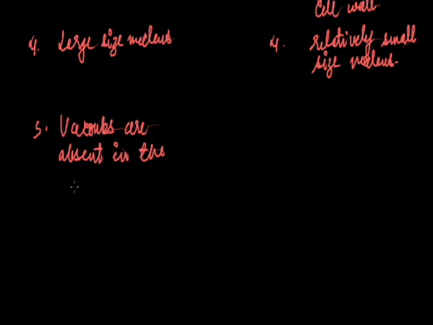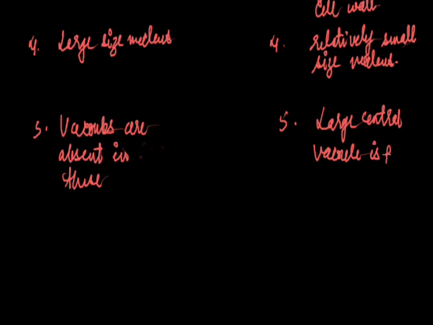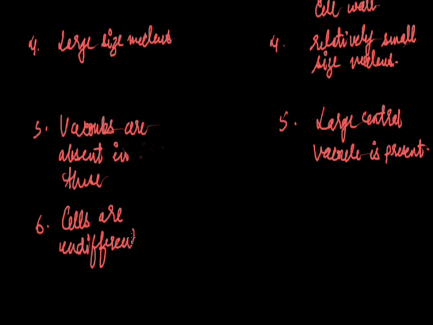But in permanent tissues, a large central vacuole is present. The meristematic tissues are undifferentiated. Cells are in the stage of undifferentiation. That means they have not got any particular function, and these differentiate to form the permanent tissues. But in permanent tissue, all the cells are differentiated.